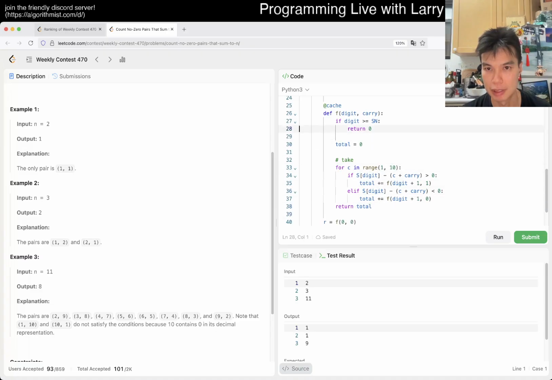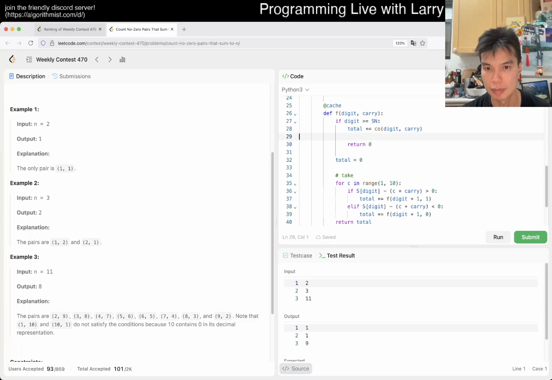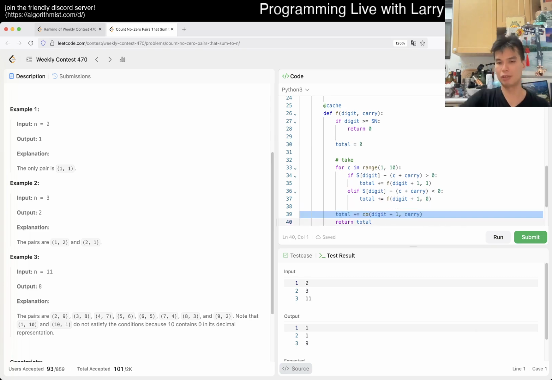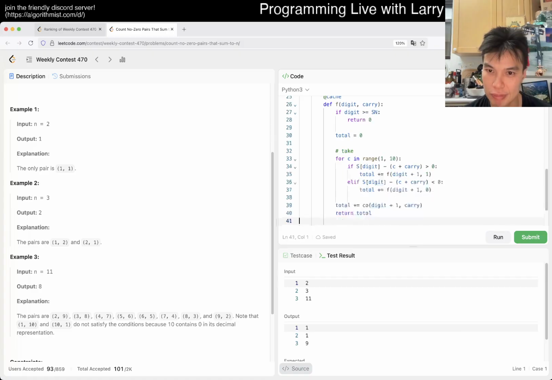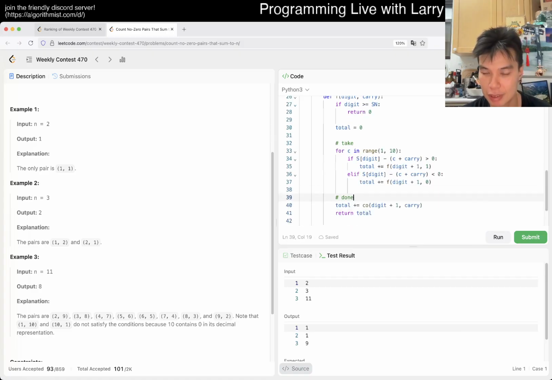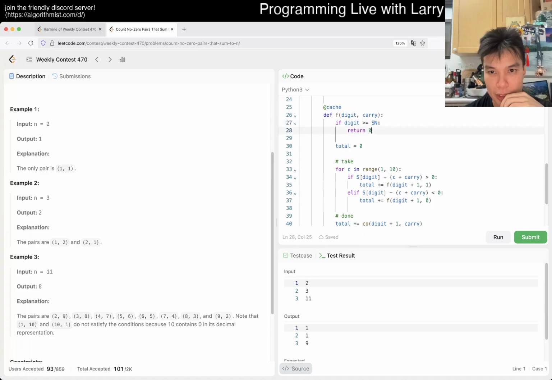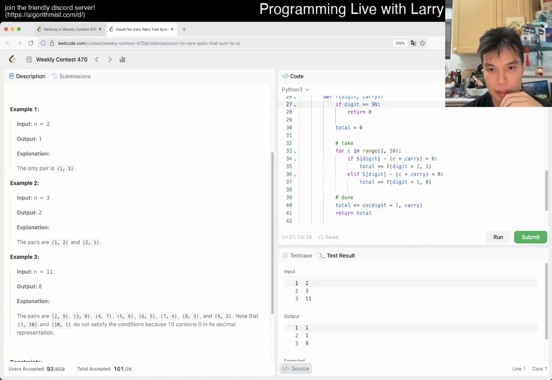I think it should be here, right? No, you have to do the subset too. But I think I'm doing this wrong. I think you have to take done. This is basically saying it's done, right? But here it should also have a count, I think.